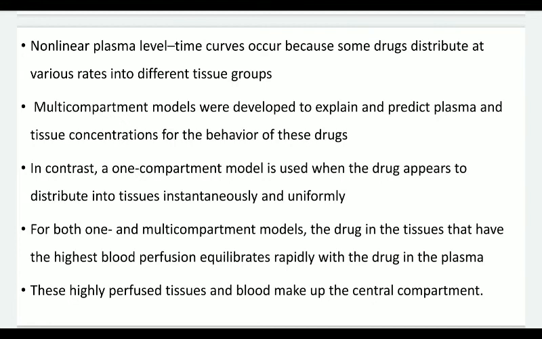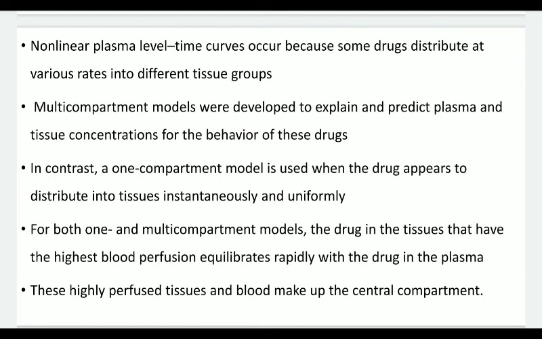So the one compartment model is only possible where we are expecting that the drug will distribute rapidly and uniformly throughout the body, or else we have to go for the multi-compartment model. For both one and multi-compartment models, the drug in the tissue that has the highest blood perfusion equilibrates rapidly with the drug in the plasma.